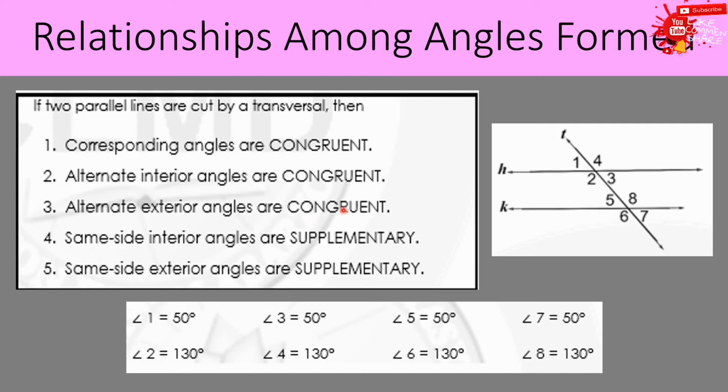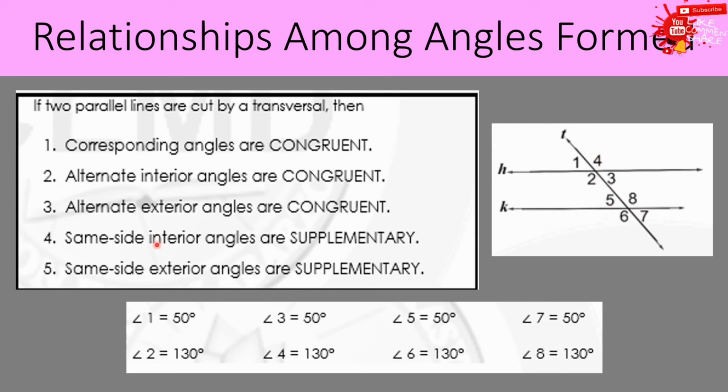So it means that angle 1 and angle 7 are congruent. If angle 1 measures 50 degrees, it means that angle 7 is also 50 degrees, because they are alternate exterior angles. And also with angle 4 and angle 6, they are congruent.